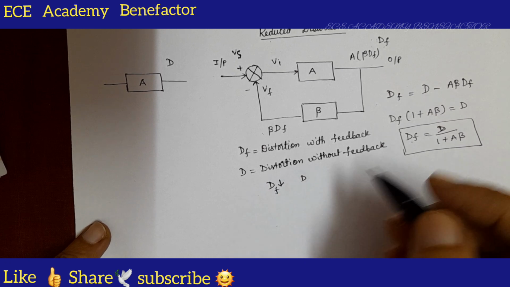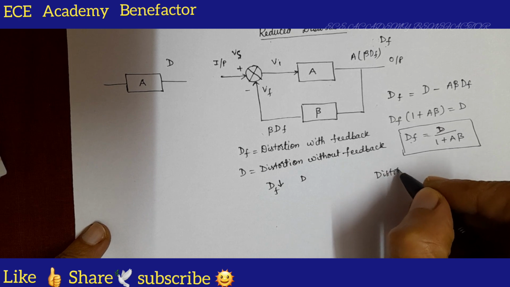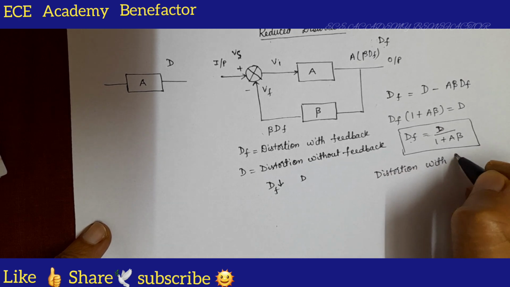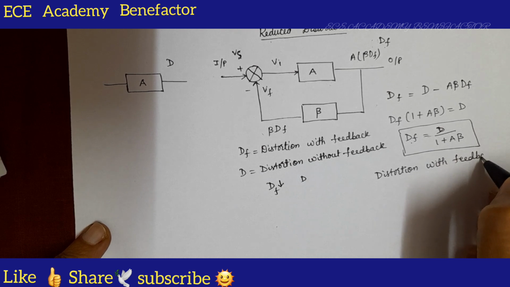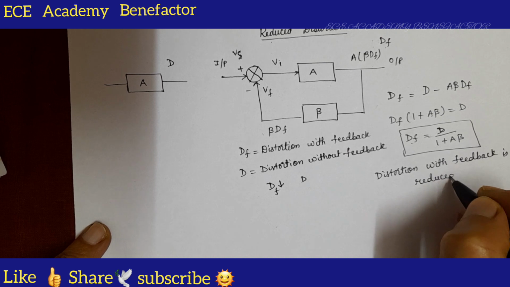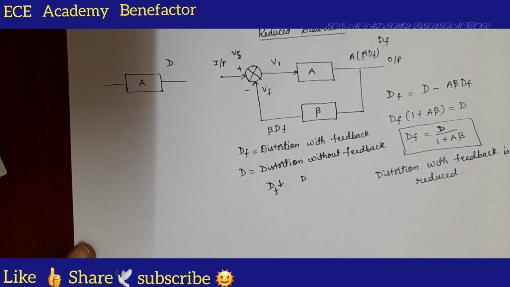So it will be reduced. So in this way we can say that distortion with feedback is reduced. This is how we can prove mathematically that in negative feedback the distortion is reduced.